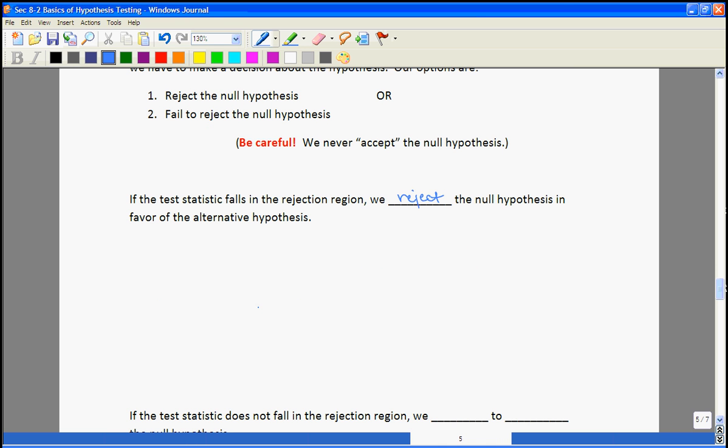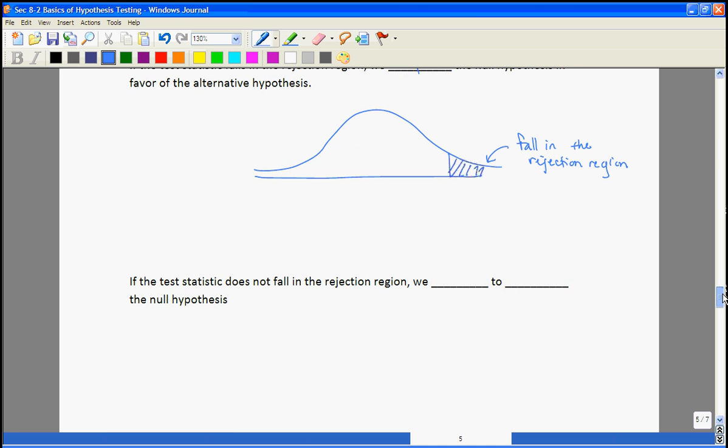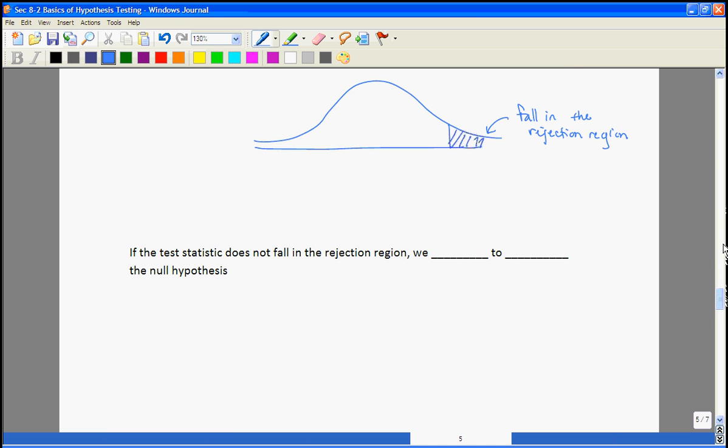So just as we showed above, whatever my rejection region looks like, if I fall in the rejection region, then I would reject the null hypothesis. But if the test statistic does not fall in the rejection region, we fail to reject the null hypothesis.